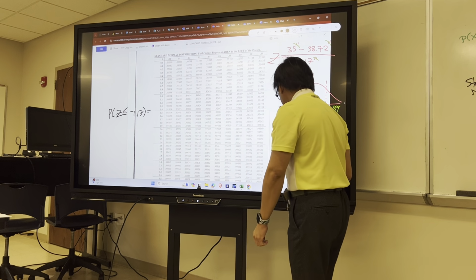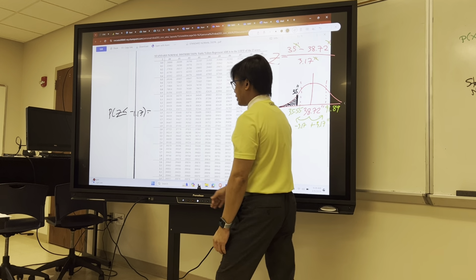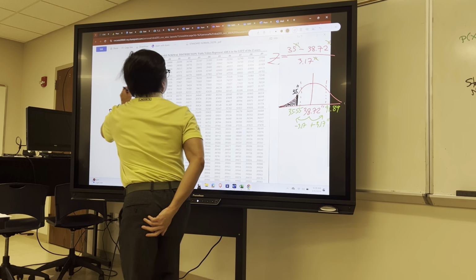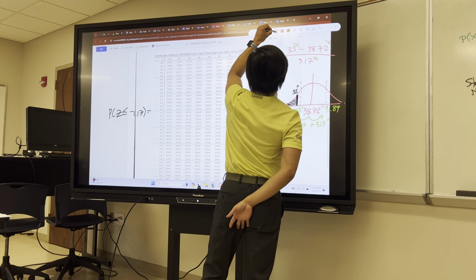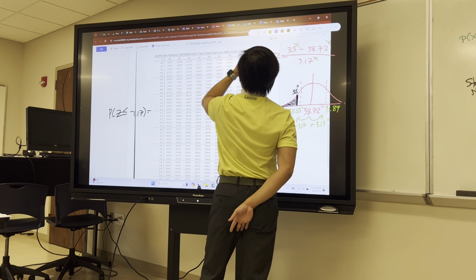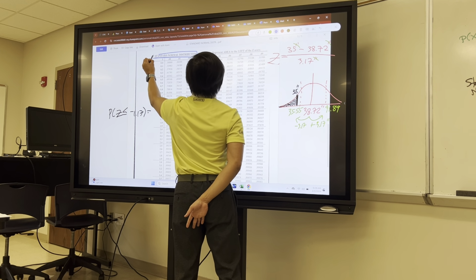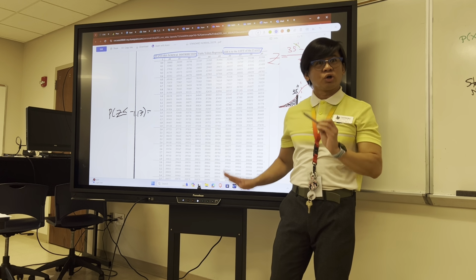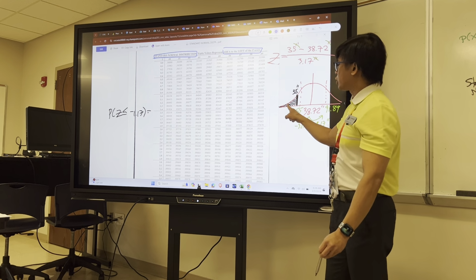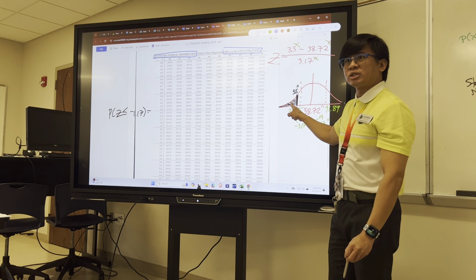First of all, the title for this says that this is the standard normal distribution, area to the left of the z-score. So we are correct with our value that's to the left.